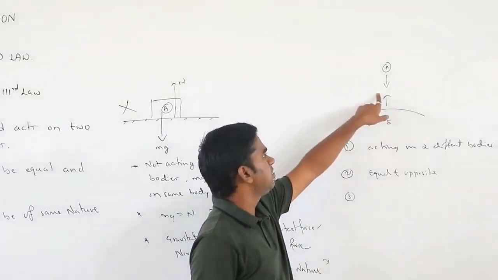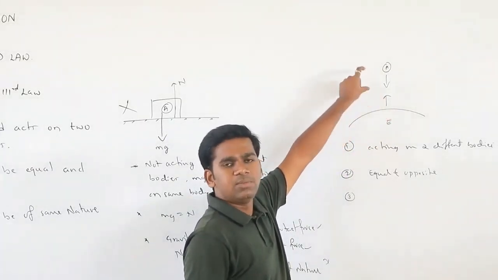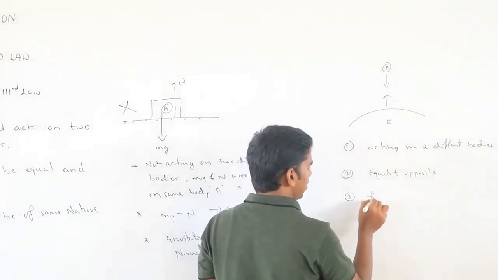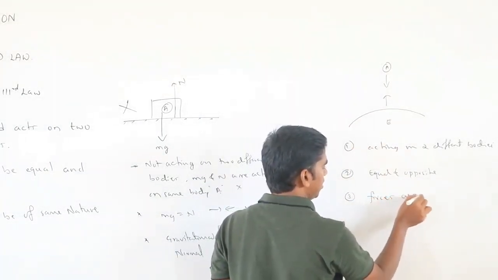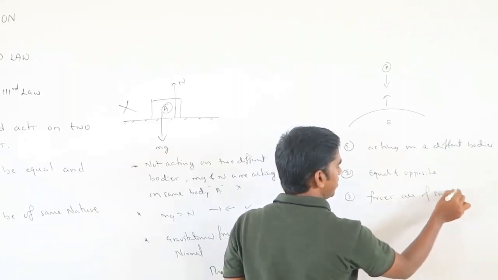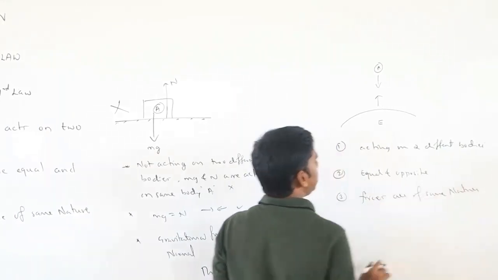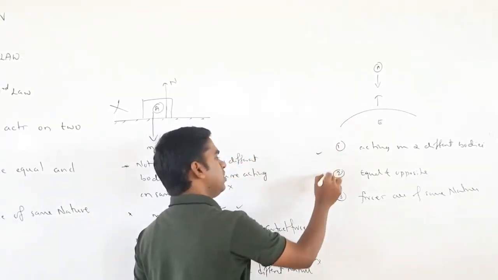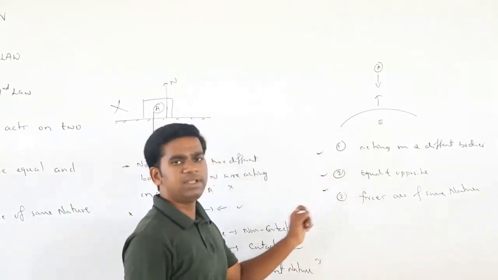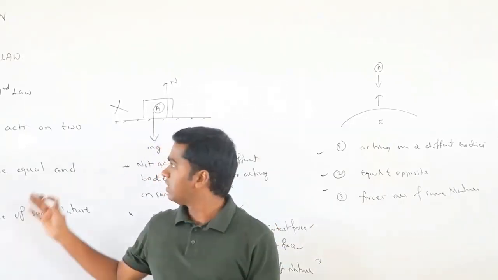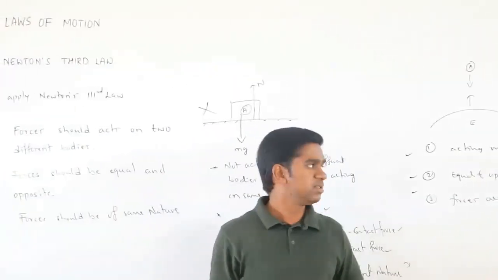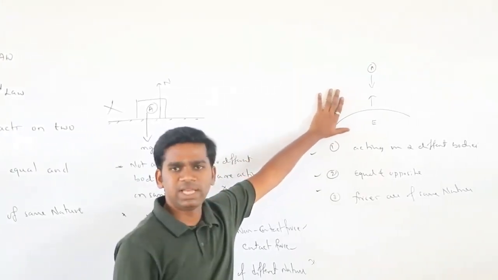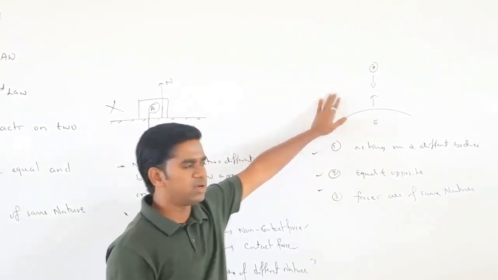This is also attracting because of gravitational force. Means both are acting because of non-contact forces. So the forces are of the same nature. That is why this is going to be an example, because all three are holding good. So we can take the force between a body and Earth, the gravitational force, as an example for Newton's third law.